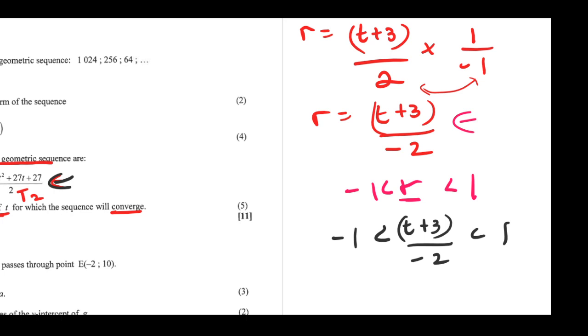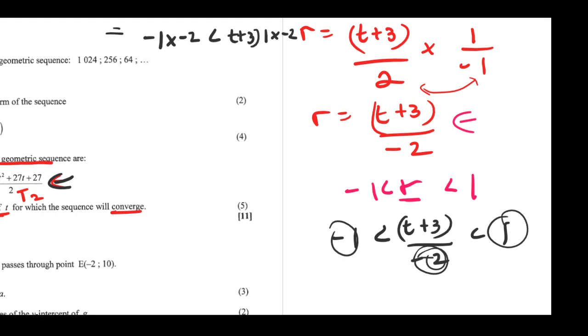I'm just going to cross multiply the negative 2 on both sides. So it's going to be minus 1 times minus 2, less than t plus 3, and then 1 times minus 2. So this 2 will multiply this and also this. And remember the sign: it's less than. So it's 2 less than t plus 3, less than minus 2.